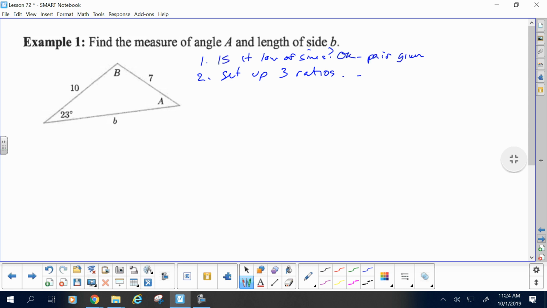In the law of sines, it's the side is to the sine of the angle across from it. So 7 is to sine of 23 degrees as, or equals, the ratio of what else can you give me?